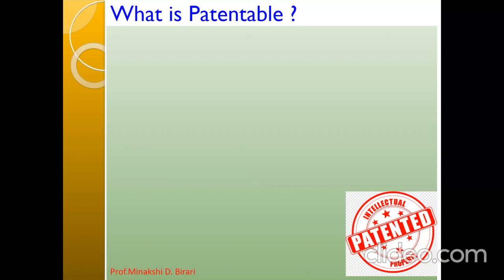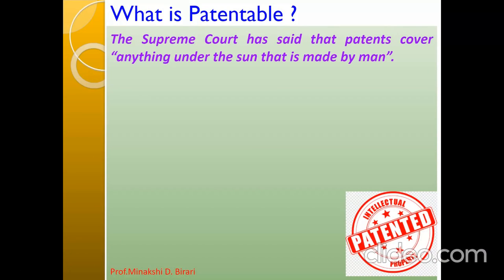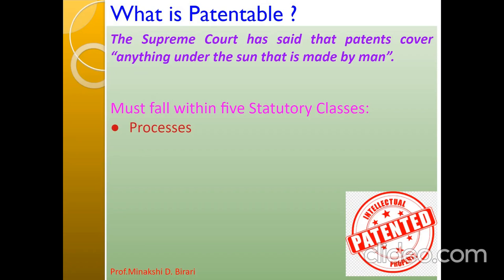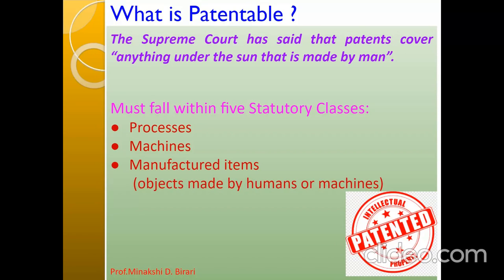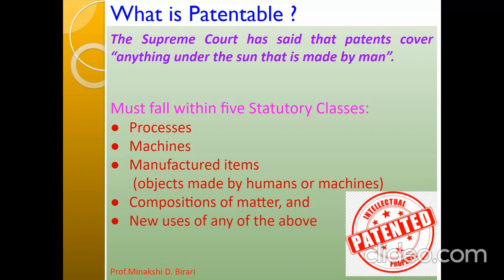What is patentable? The Supreme Court has said that patents cover anything under the sun that is made by man. It must fall within 5 statutory classes: processes, machines, manufactured items, that may be objects made by humans or machines, compositions of matter, and new uses of any of the above.